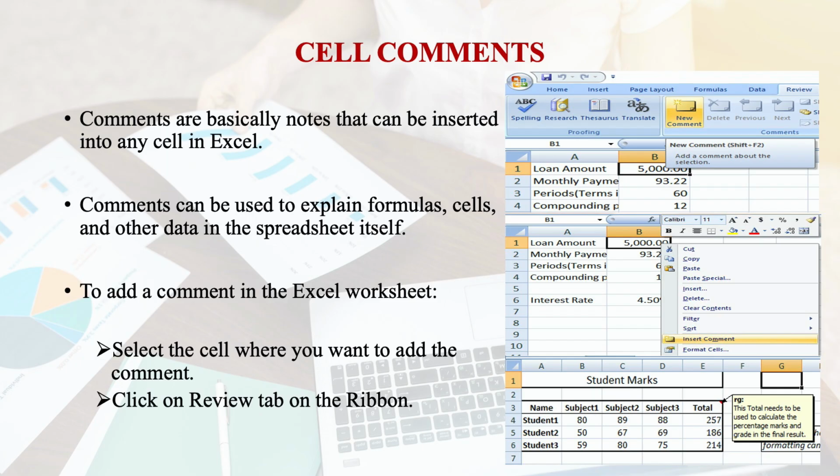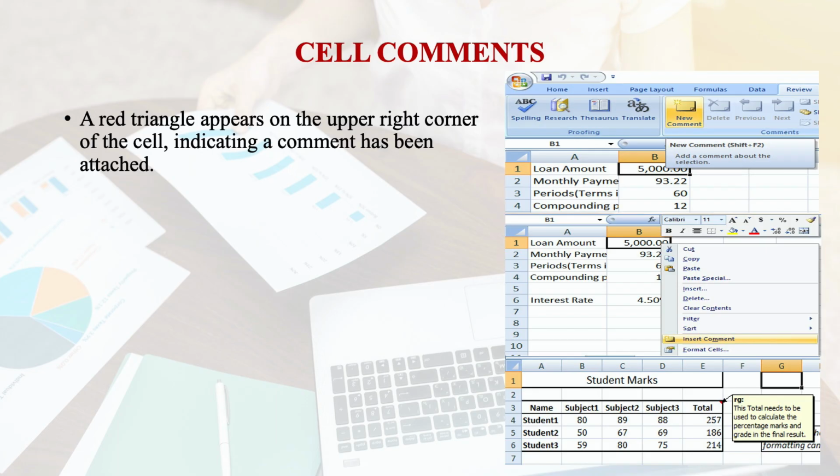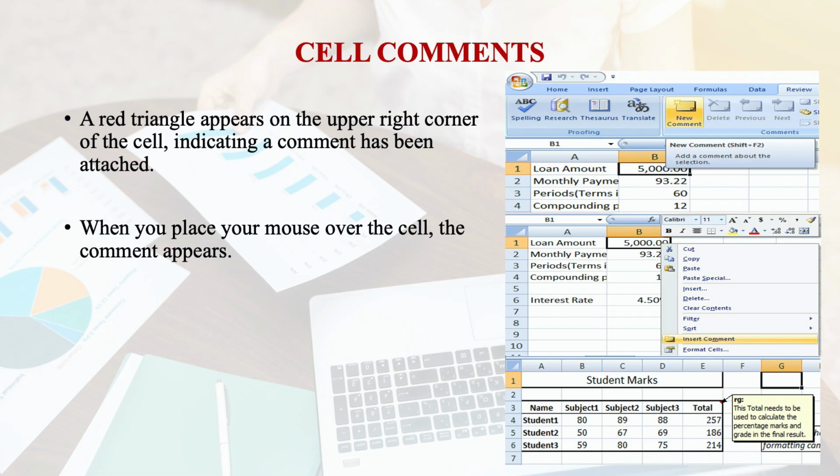Secondly, you can go to the Review tab of the ribbon and select the New Comment option in the Comments group, and thereafter you can incorporate the comment for that particular cell. A small red triangle appears at the corner of the cell, and by moving your cursor onto that cell, the comment will pop up and you will learn what the cell is all about.